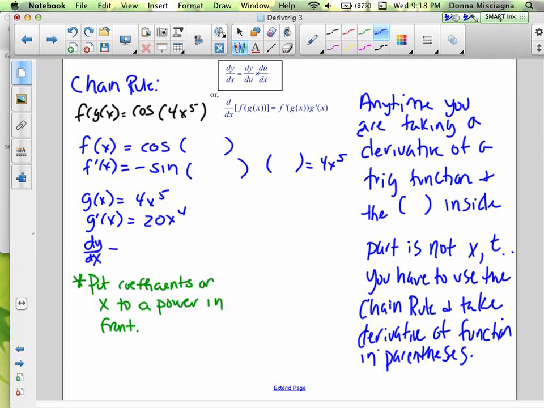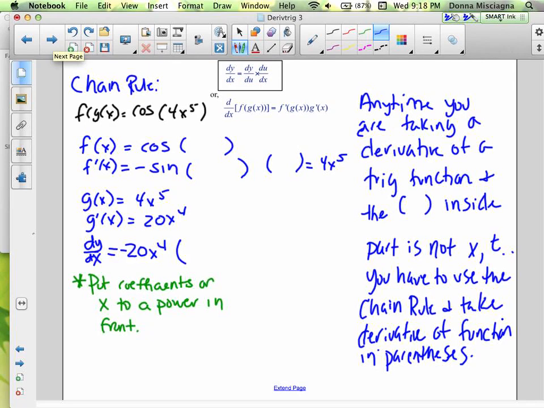And then I have to think about whether I've got the primes in the right spot. So dy dx is going to be equal to, let's put the 20. Come on, there we go. You've got to coax these boards along.